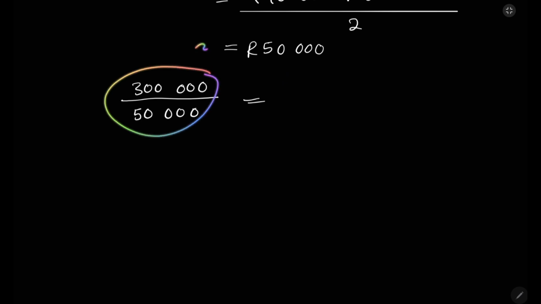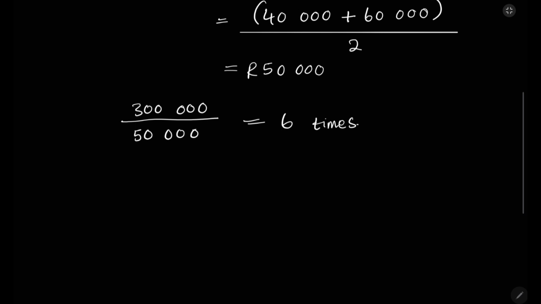When you calculate this, you should get an answer of 6. So this is the inventory turnover rate, which basically means how many times inventory is sold and replaced during the financial year. So your answer has to be 6 times when dealing with inventory turnover rate.